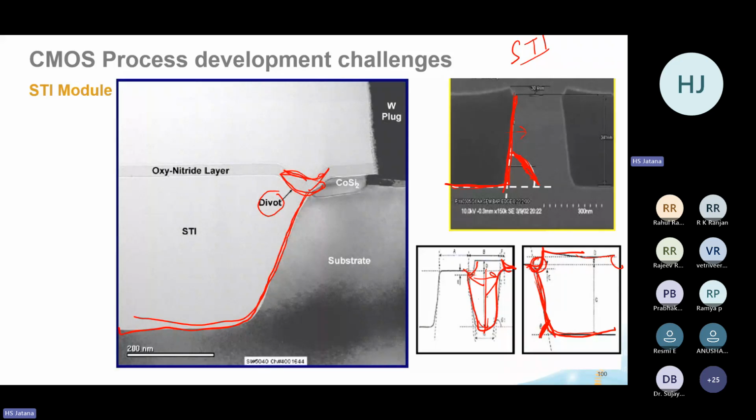So finally, he has to decide based on what the goal is. Our goal is to pack maximum components in a given area. So my packing density has to be maximum. For maximum packing density, I want to maximize active area and minimize field area. So I should be able to make a trench which is as small as possible, because that is an area which is not being used.